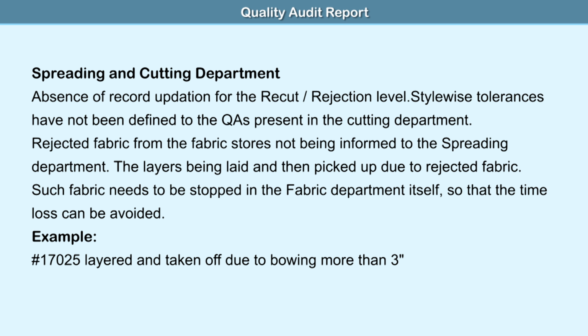Such fabric needs to be stopped in the fabric department itself so that the time loss can be avoided. For example, style number 17025 was layered and taken off due to bowing of more than 3 inches.